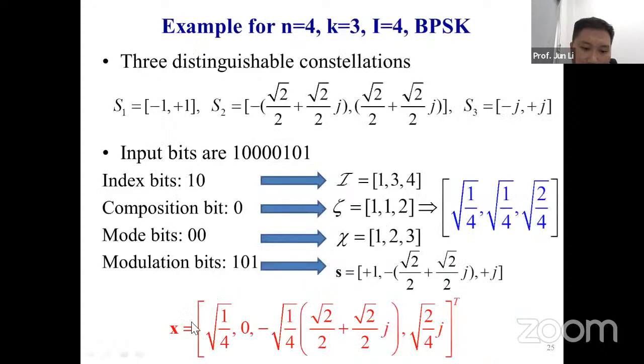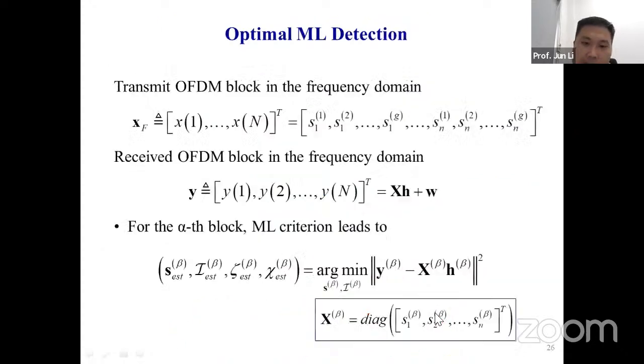If we just try this transmitted vector into the ML equation, then we will get the minimum Euclidean distance.